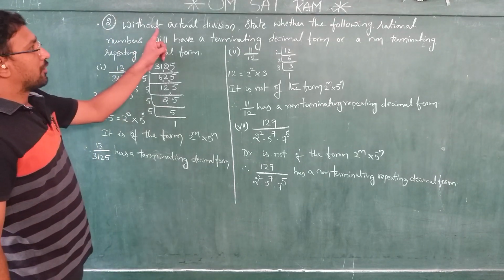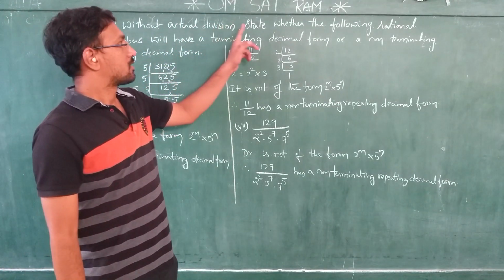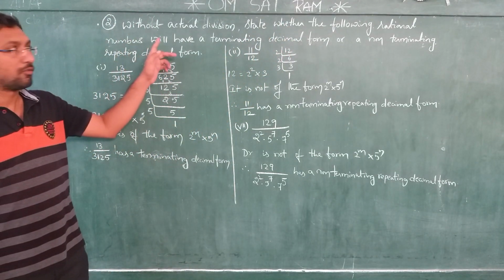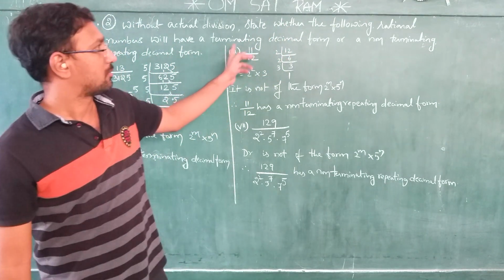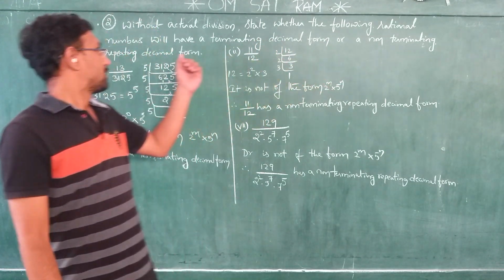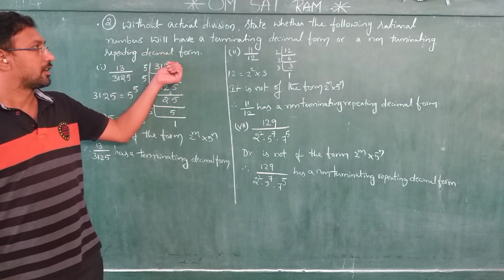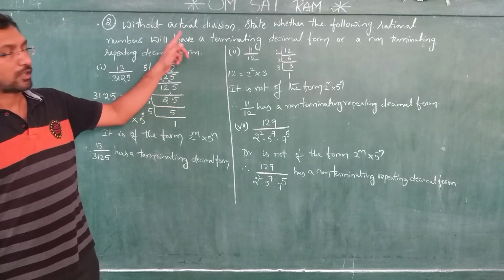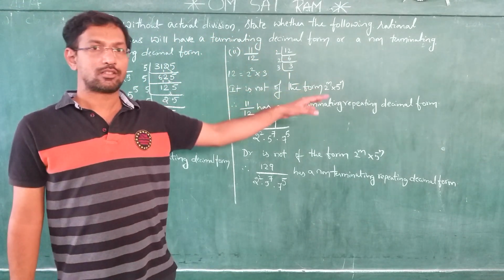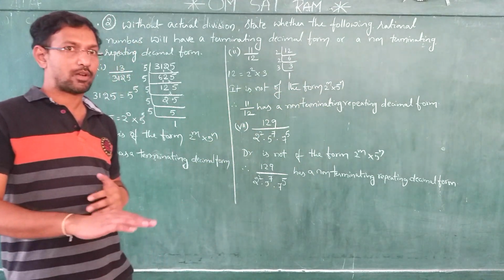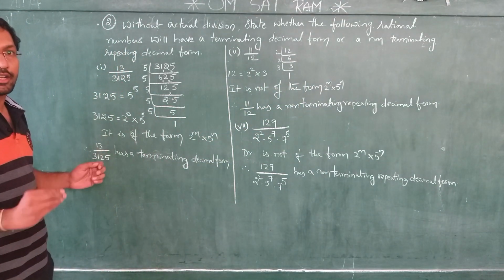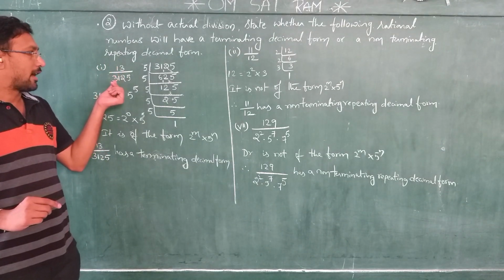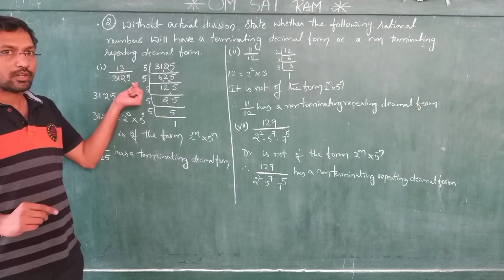Second bit: without actual division, state whether the following rational numbers will have a terminating decimal form or a non-terminating repeating decimal form. First problem, 13 by 3125.